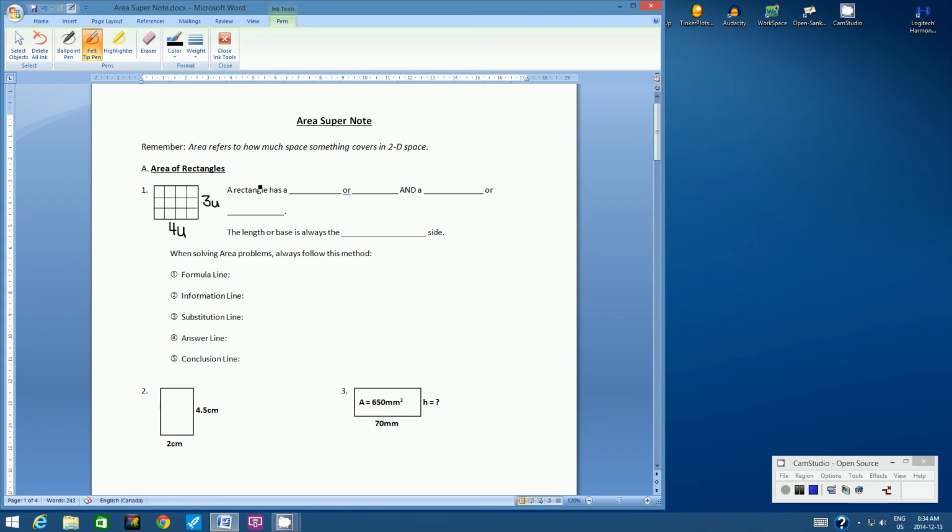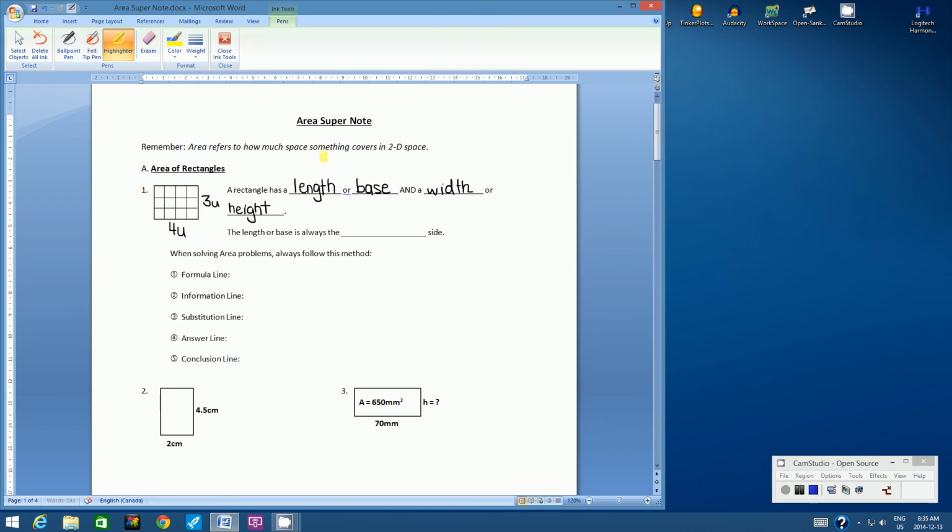All right, let's start with the note. A rectangle has a length or base and a width or height. Now, up until this point, we may have always referred to the length and the width when we're talking about rectangles.